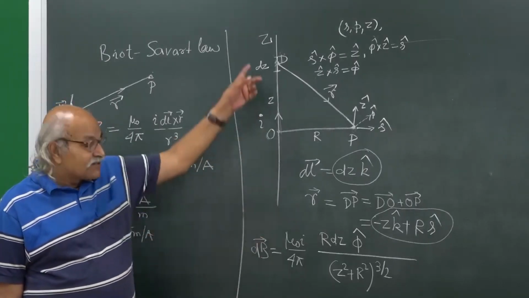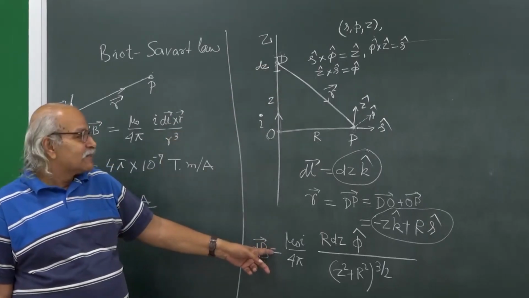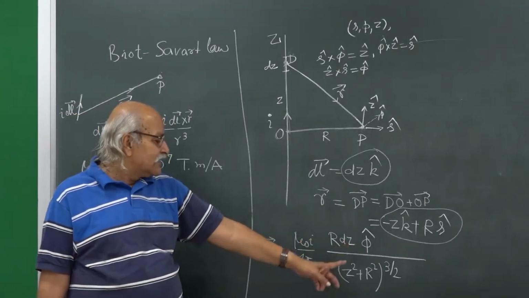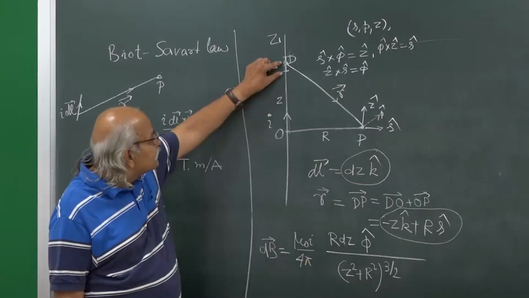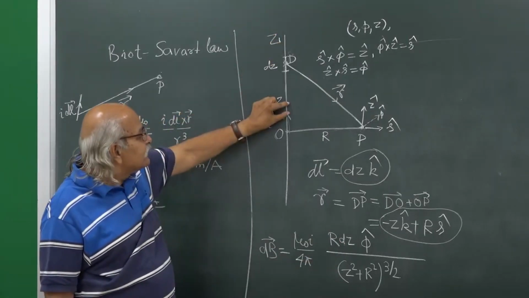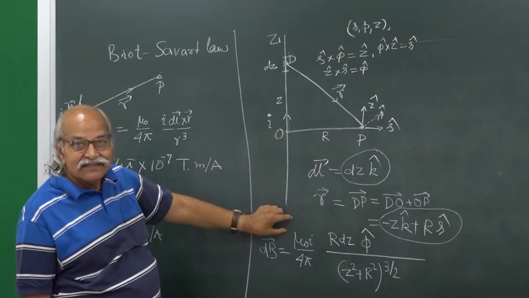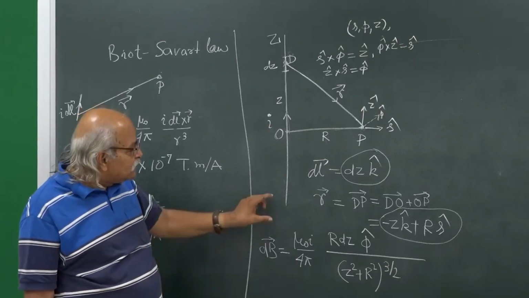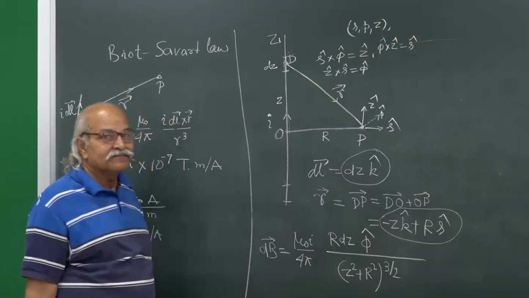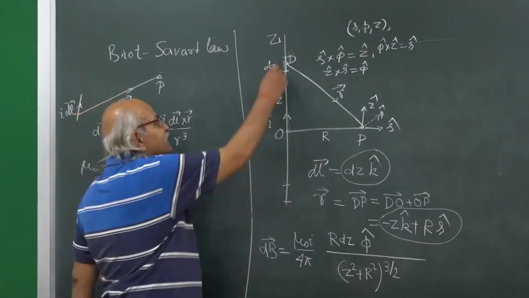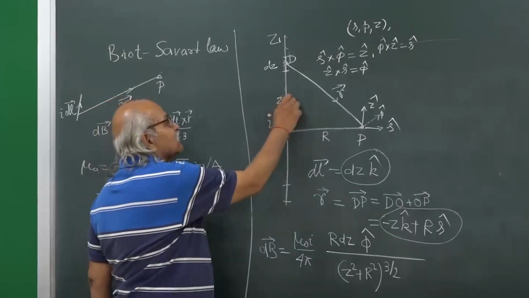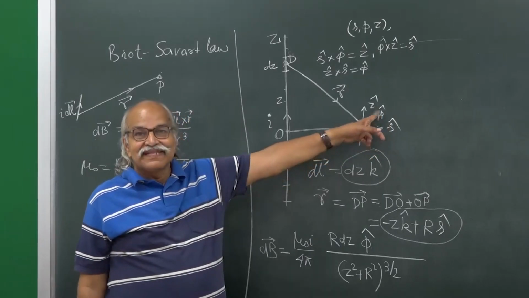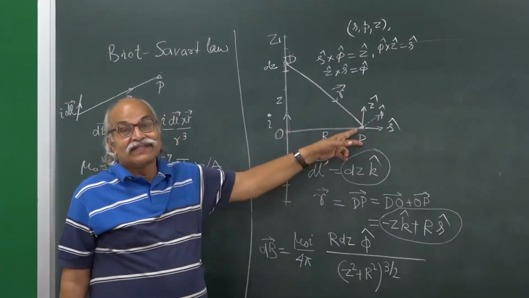But in our case, when I am integrating, I am varying this z. I am taking the element here, here, here, and here. That is how we have to add, we have to integrate. Independent of whether my dz is here or here or here, this s cap, phi cap, z cap direction is not changing.